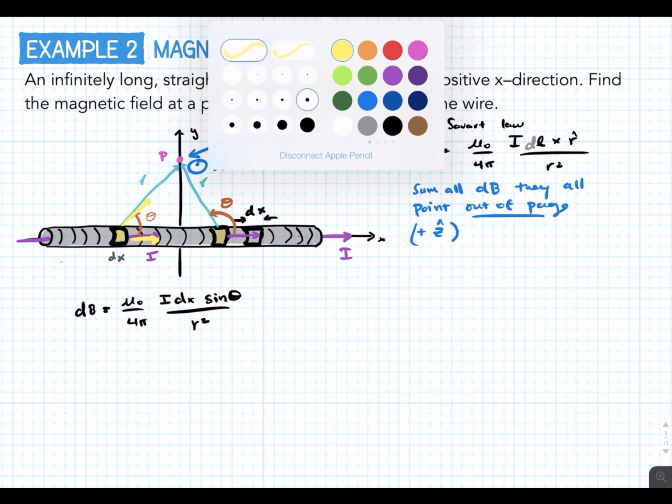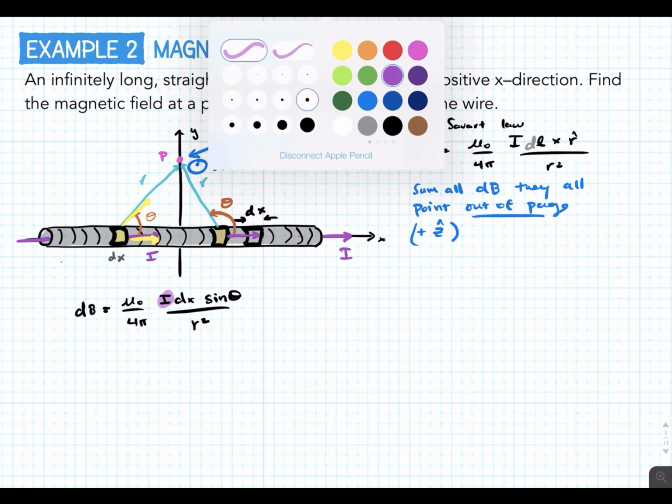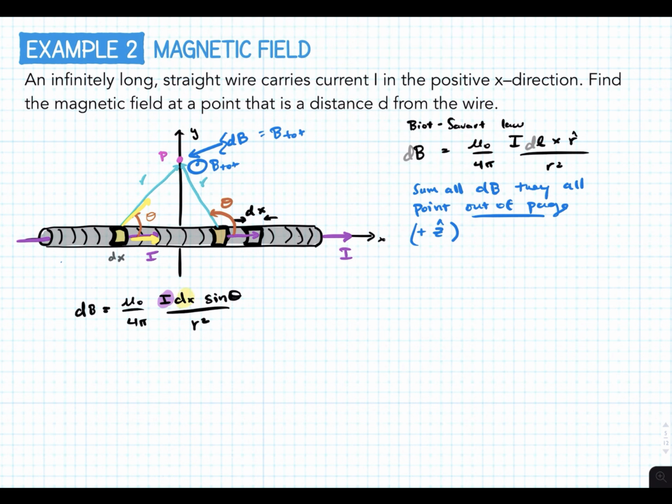So just to keep track of everything, here's our dx. I can get rid of these so they're not confusing. Oops. Well, we'll leave that one there, I guess. Here's our sine of theta and our r squared.